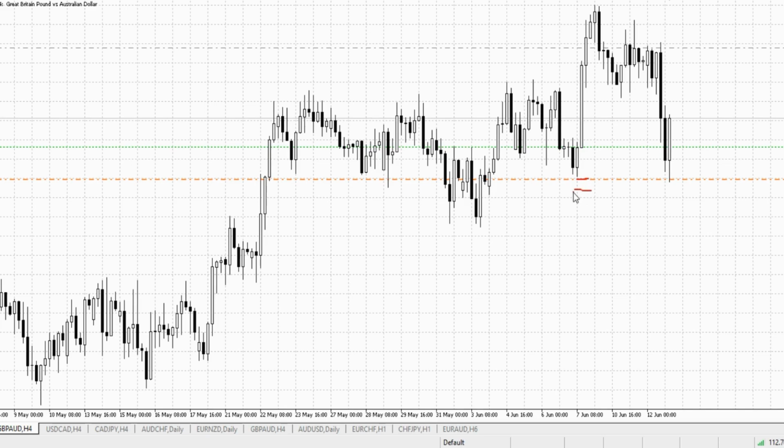Okay, just because of the news, because when the news comes, the spread, the false spread, just increases and it just takes your stop loss. Just do that for 5 minutes before the news and 10 minutes after the news. Okay, but no more than 10 pips. 10 pips is the maximum, so you still have your stop loss, but 10 pips under.